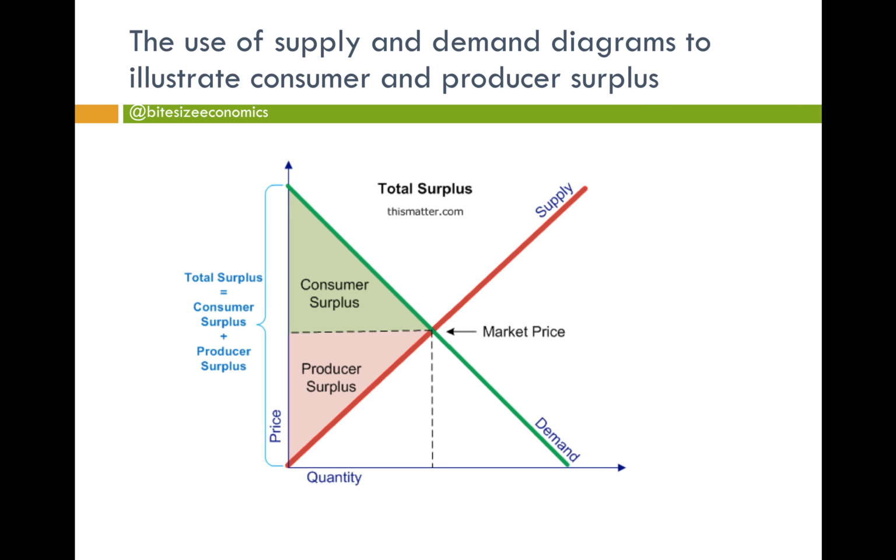We've got consumer surplus on top and producer surplus at the bottom. How I remember that consumer surplus is the top triangle is that producers always put the consumers first. Like any company's motto is put the consumers first. So that's why it's at the top.